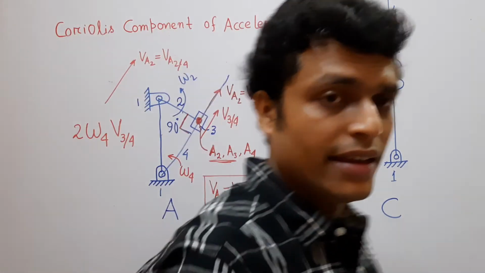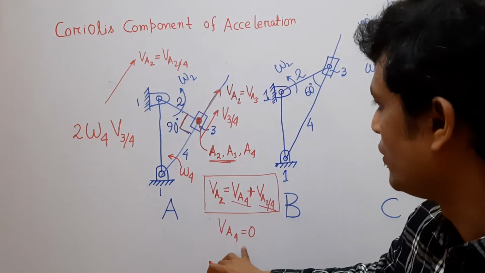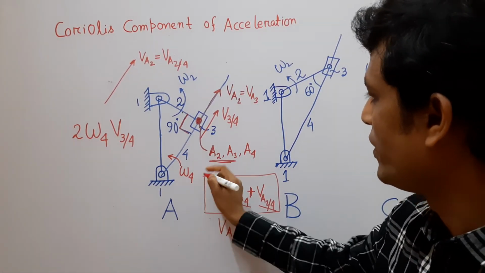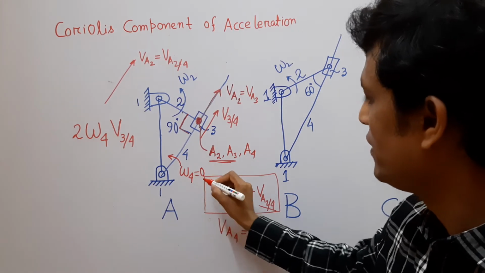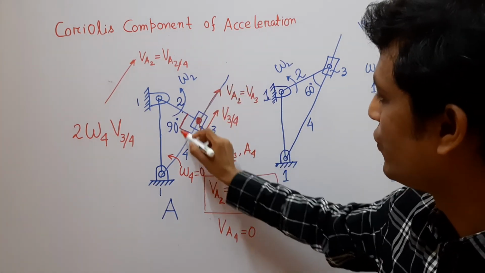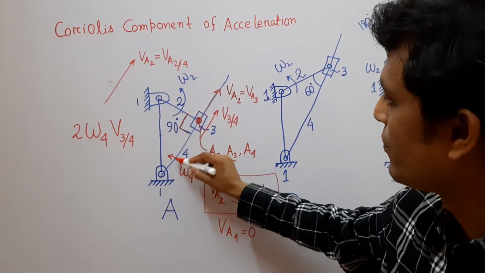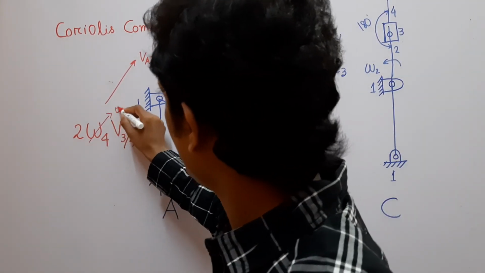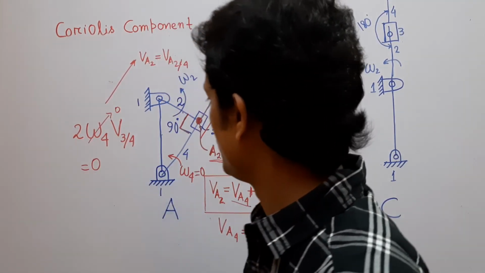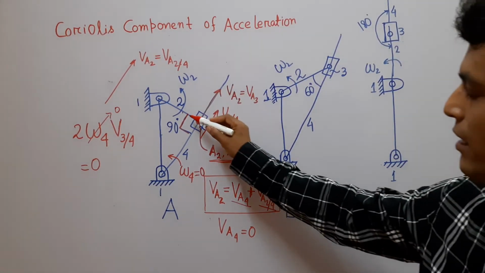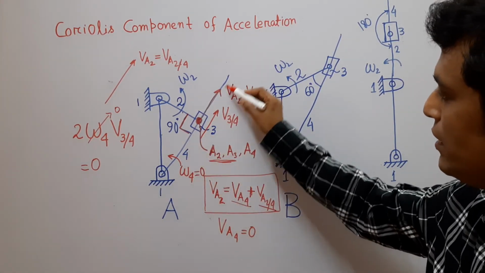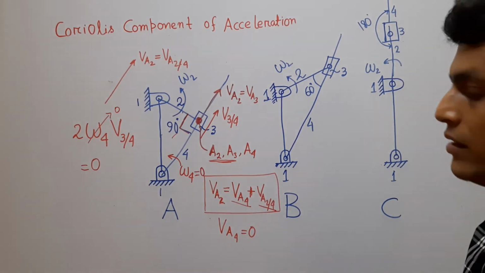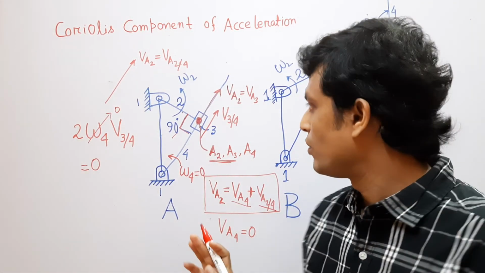We have done it earlier. If VA4 is 0, then omega 4 becomes 0. So at this instant, omega 4 is 0 when the crank is perpendicular to the oscillating link. As omega 4 is 0, the Coriolis component is equal to 0. So when the angle between the crank and the oscillating link is 90 degree, there will be no Coriolis component.